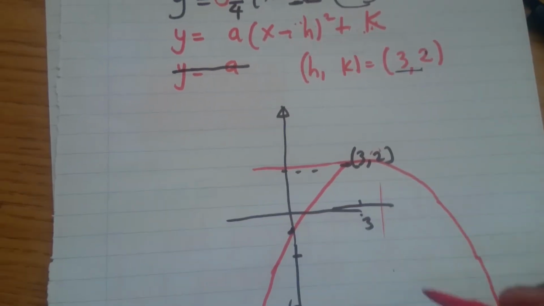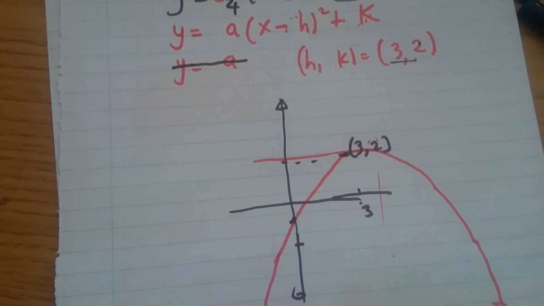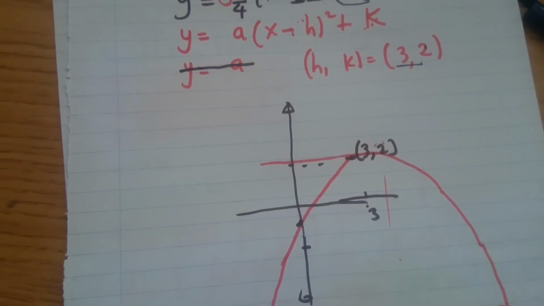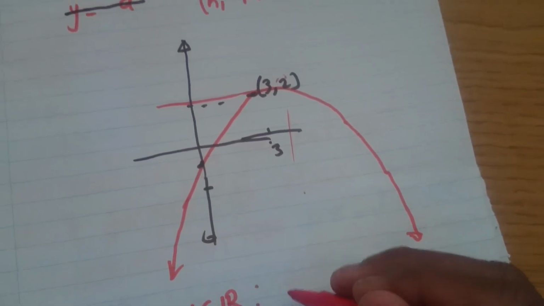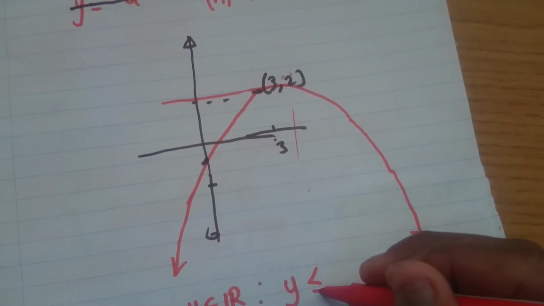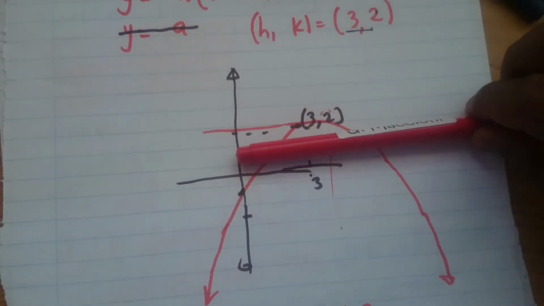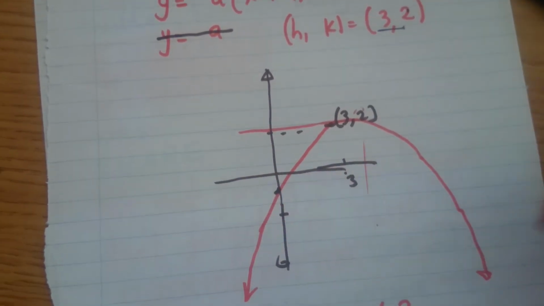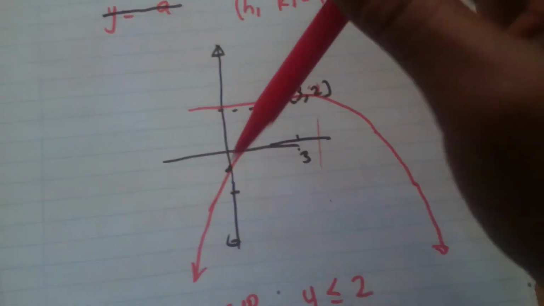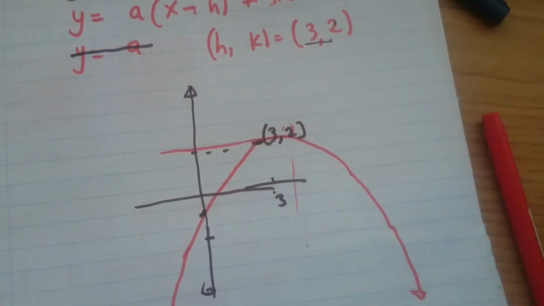So that's our range. So our value of range, say range, y are all element of real number, whereby this y has to be less or equal to 2. Means, look, the value of y covered by this graph starts from 2, because on top of 2 we don't have any figure. So the value of y, look, how does it cover?